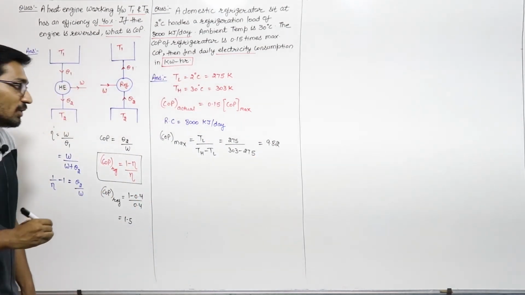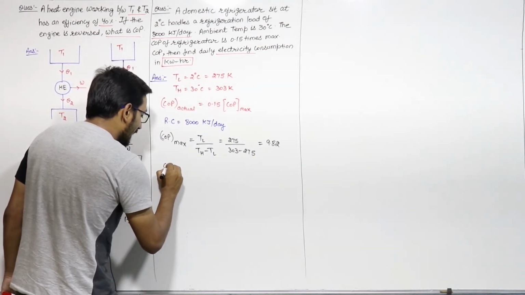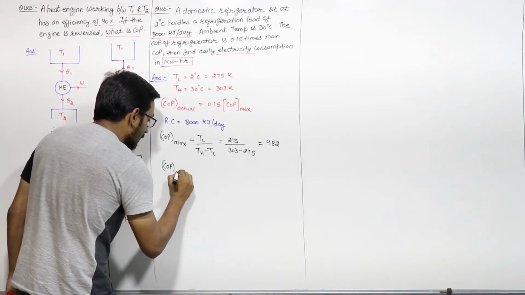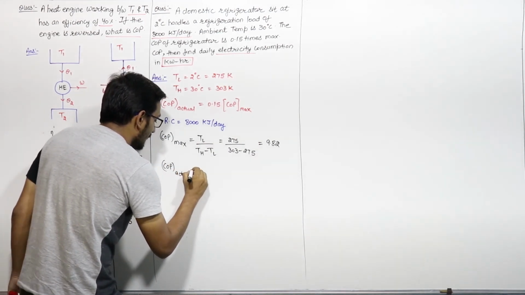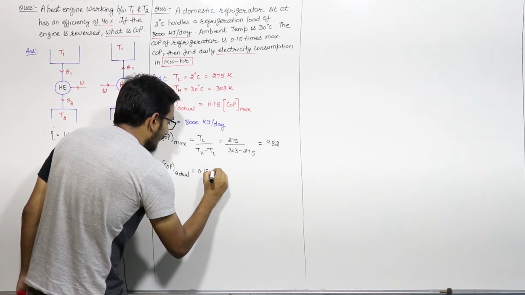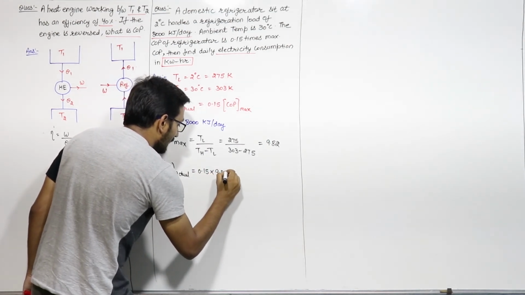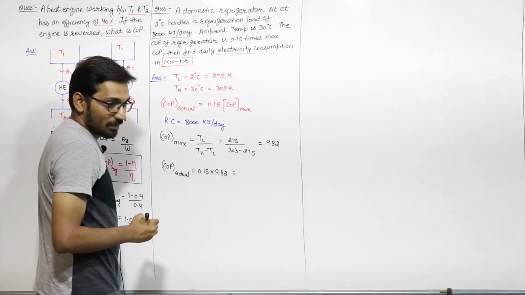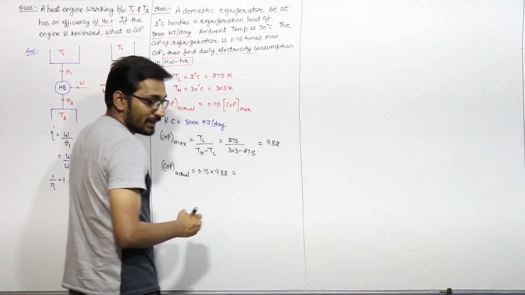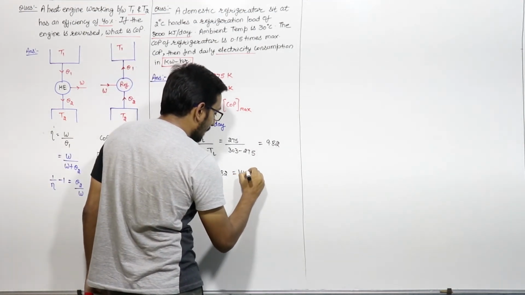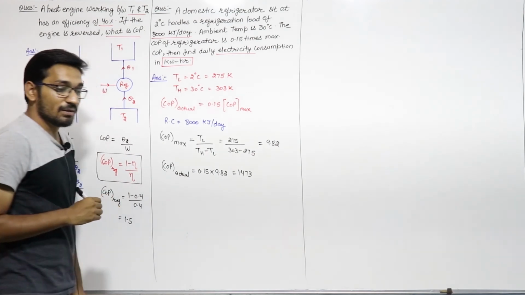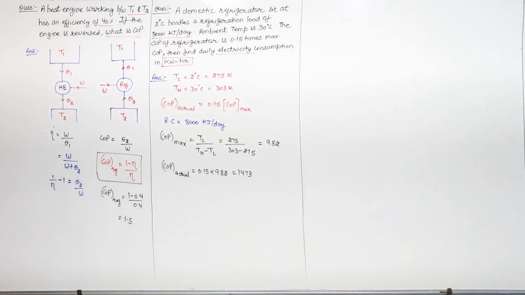This is the maximum COP. So COP of the actual cycle, as per the question, will be equal to 0.15 times the maximum, that is 9.82. So the actual COP will come out to be 1.473.